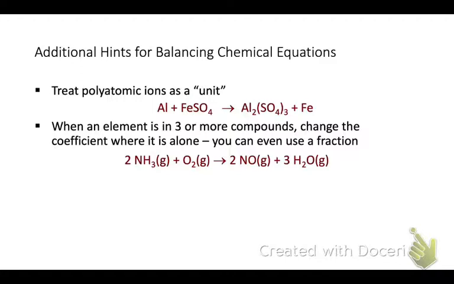So here it is for the first equation here. Aluminum reacts with iron 2 sulfate to give me aluminum sulfate and iron. The rule says start with elements that are mentioned the fewest. So if you look at aluminum, it was only mentioned once in the reactant side, and once in the product side.